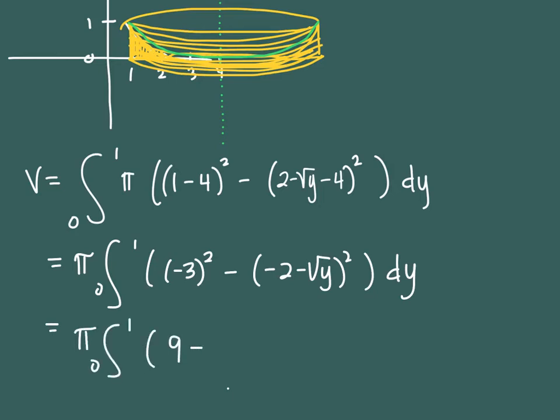We're going to have 9 minus 4 plus 4 rad y plus y dy. And then we distribute the negative and combine the 9.